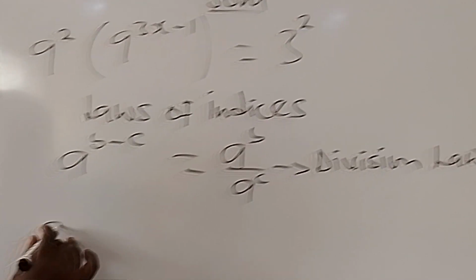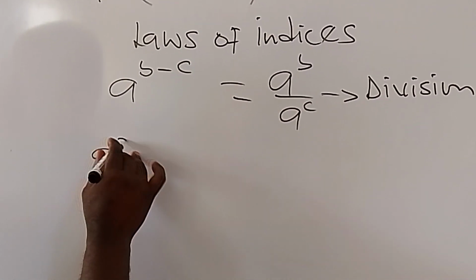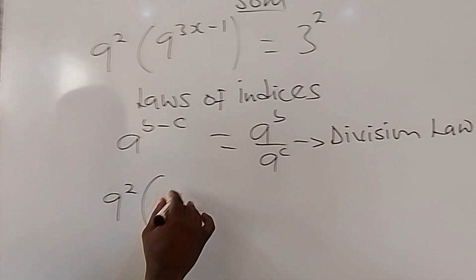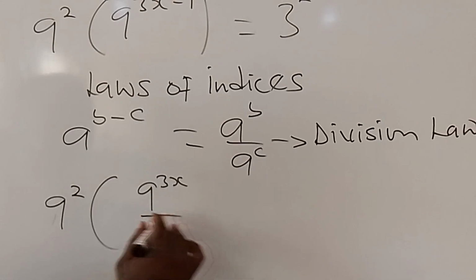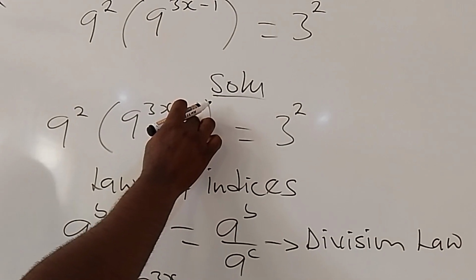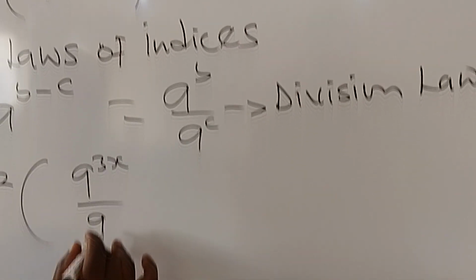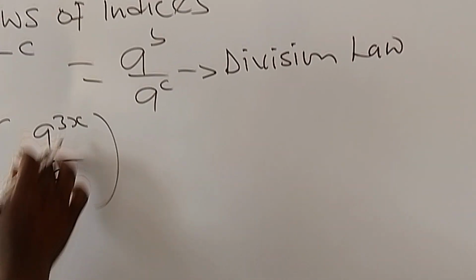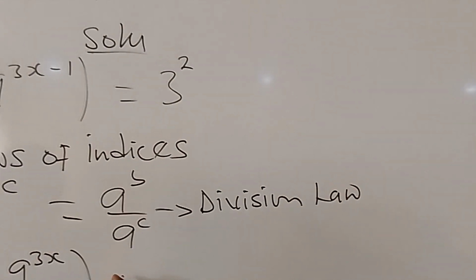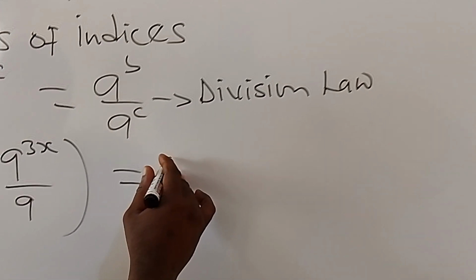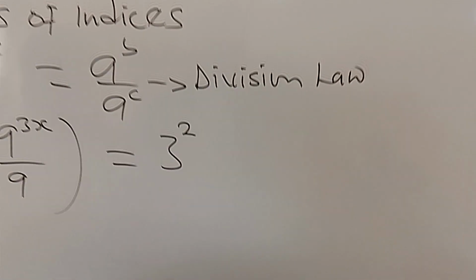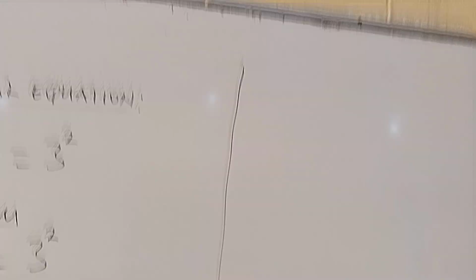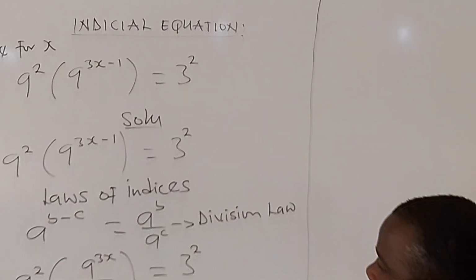Let's write. Here we are going to have 9 raised to the power of 2, all in brackets, 9 raised to the power of 3x, all over, since here is 1, it's just all over 9, since the bases are the same, equals 3 raised to the power of 2.